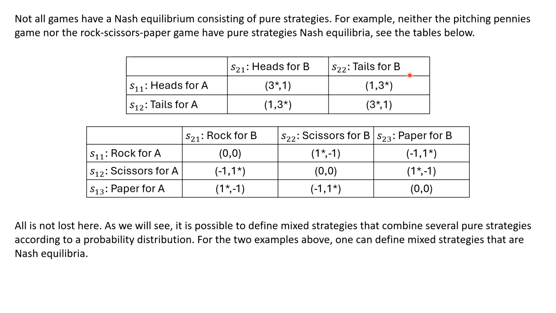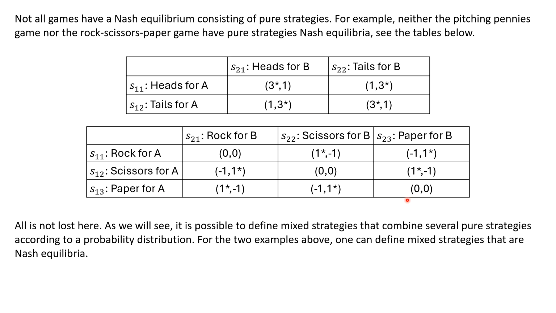And then you can do the same thing for B. When A plays heads, the better choice is tails. And when A plays tails, the better choice is heads. So no one cell has a star next to each component. And that means there's no Nash equilibrium in this problem.